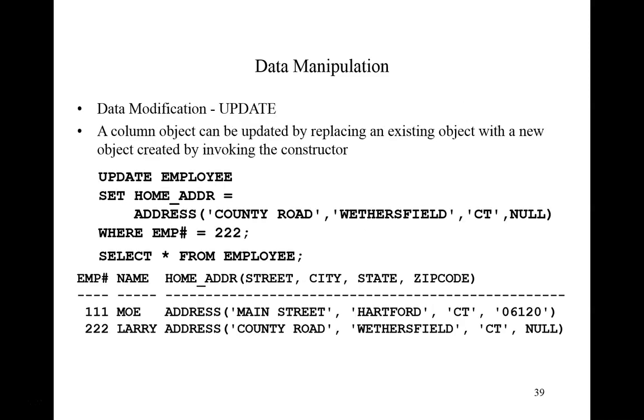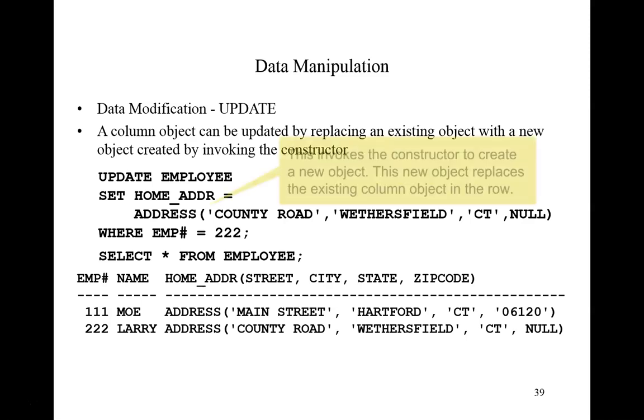We can also perform data manipulation operations such as update and delete. A column object can be updated by replacing an existing object with an entirely new object created by invoking the constructor. Remember that home address is the name of the column in our relational table, which contains the object.